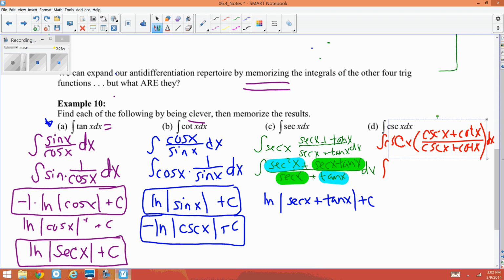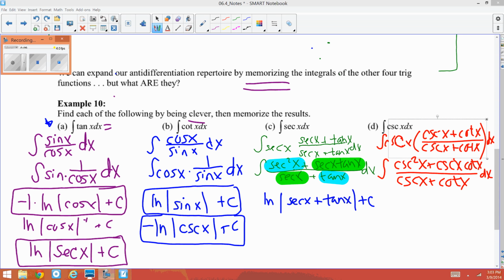And the reason why we'd want to do that, now we're going to get cosecant squared x plus cosecant x cotangent x all over cosecant x plus cotangent x. Okay, don't forget that dx there. All right, now the derivative of cosecant is negative cosecant x cotangent x. Right?